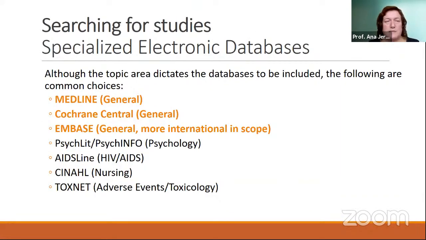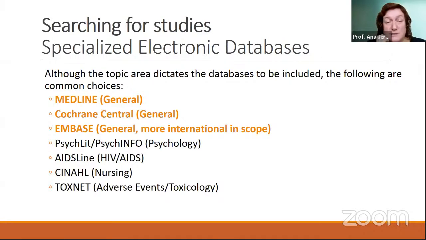So how do we search? We need to select several databases, optimally three. And the choice of databases will depend on the research question. However, most commonly we select Medline, Cochrane Central, and Embase.